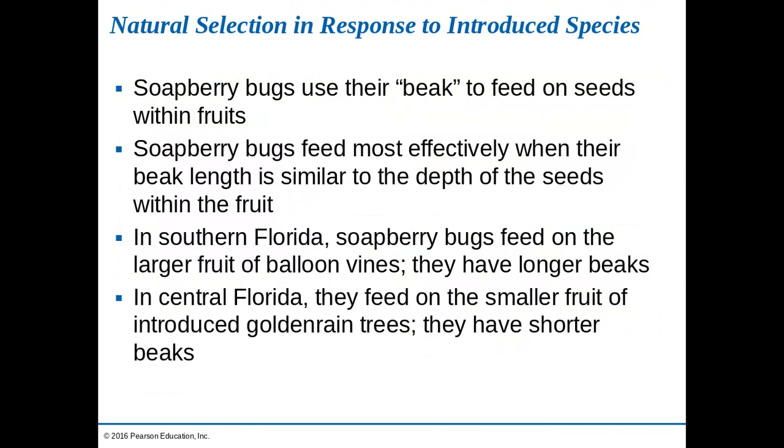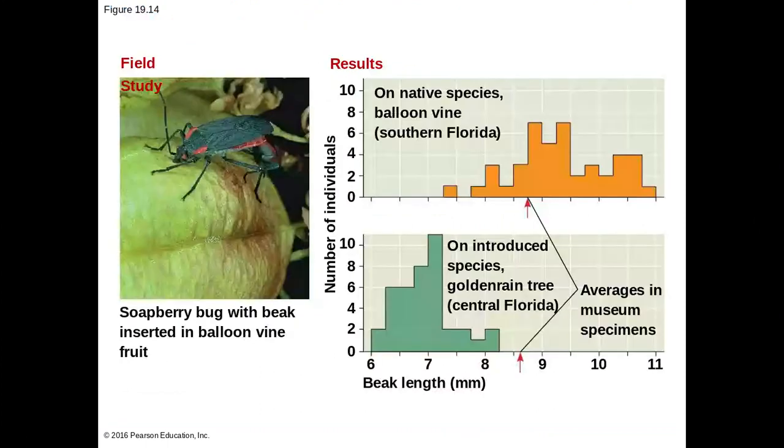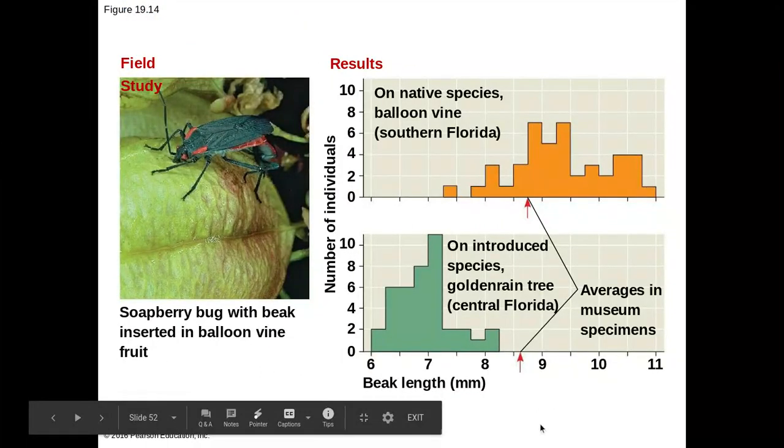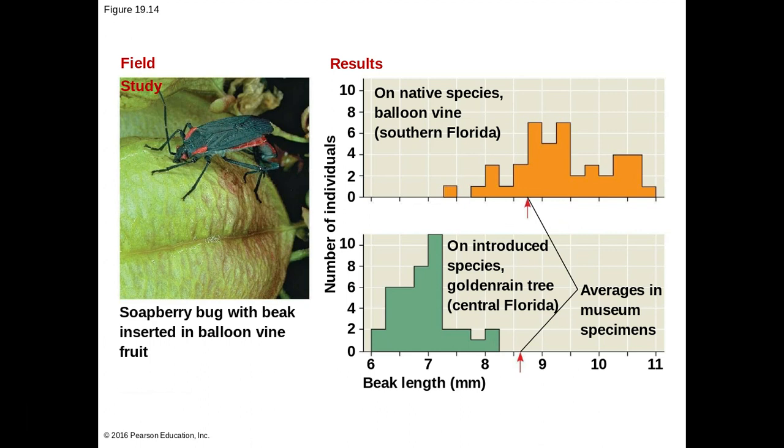But in central Florida, we've noticed they feed on a smaller fruit, and those have shorter beaks. So these graphs show the beak length, and in central Florida, those that feed on goldenrod trees have shorter beaks, and then in southern Florida, those on the large balloon vines have longer beaks. So they've evolved to get the seeds in the fruit that is most common where they live.